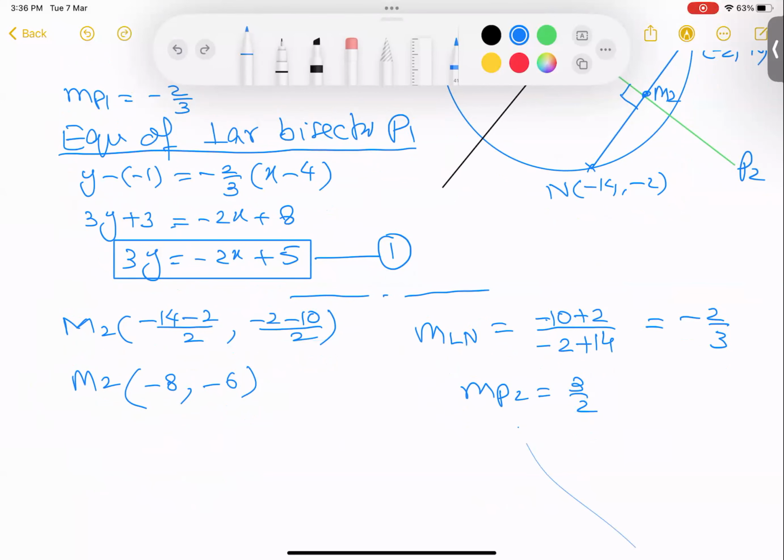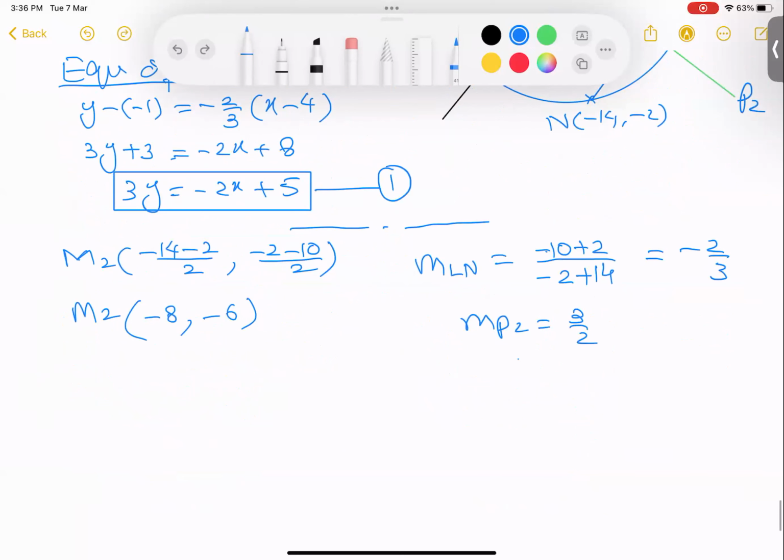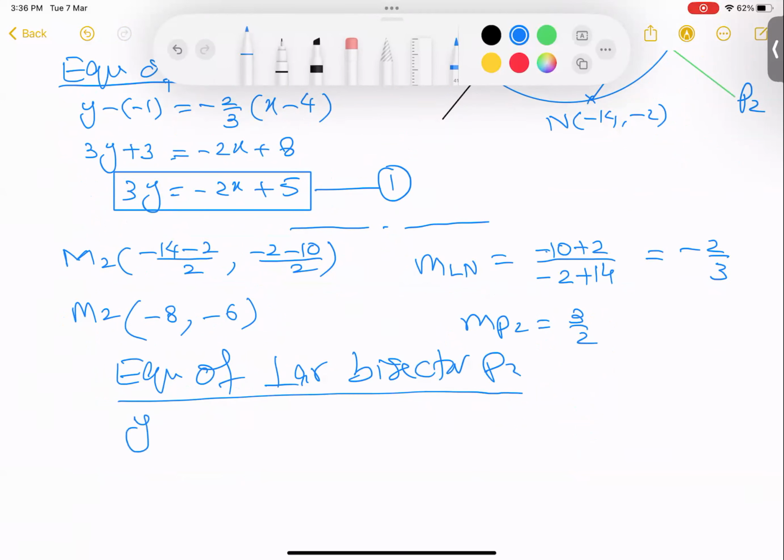So let's see how we can get it. So the equation of the perpendicular bisector P2: y minus 6 equals m times x minus 8.